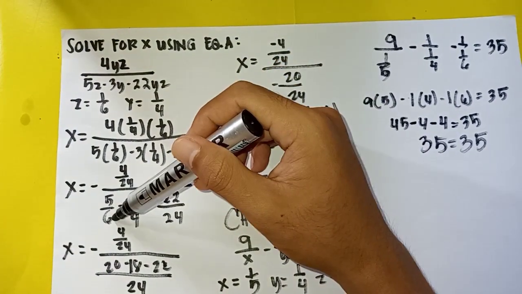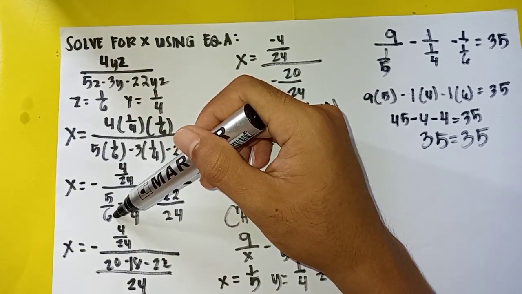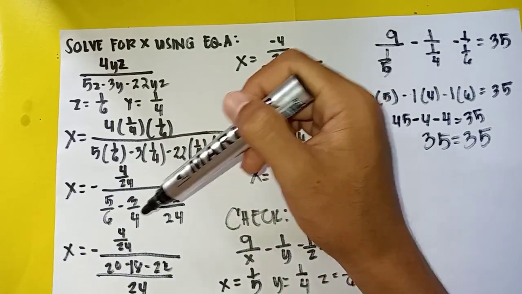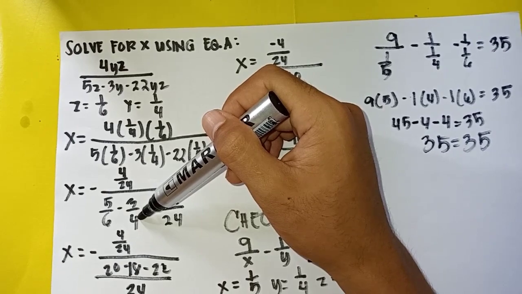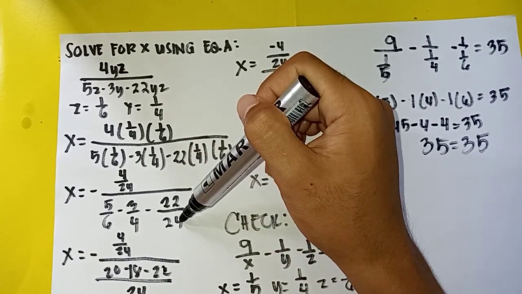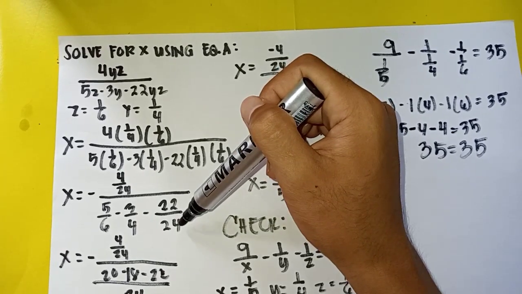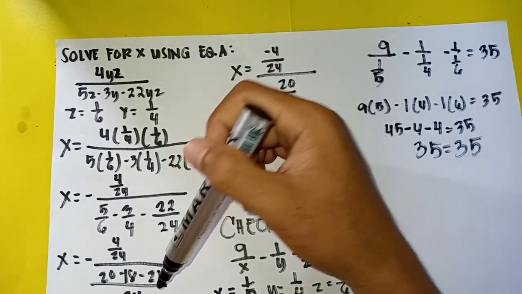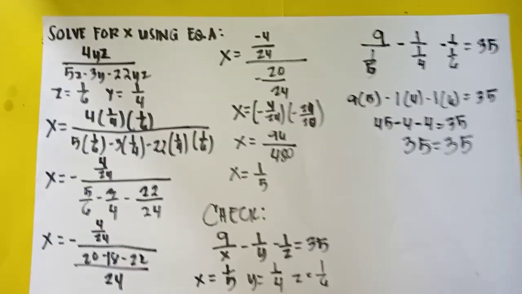So 24 divided by 6 is 4 times 5 is 20, and then 24 divided by 4 is 6 times 3 times negative 3 is negative 18, and then 24 divided by 24 is 1 times 22, so it will be negative 22.